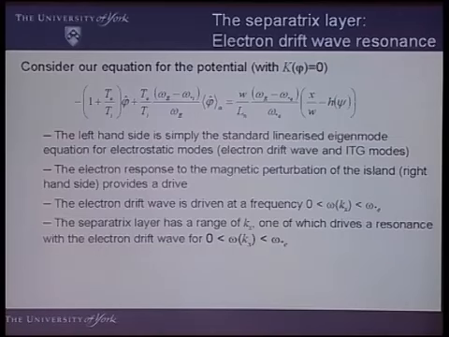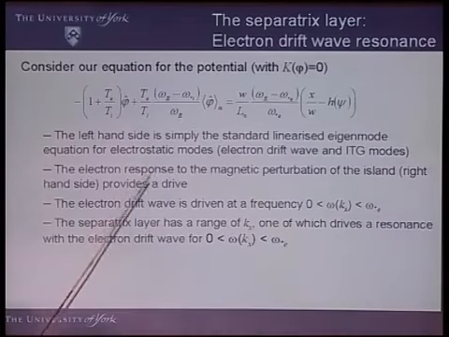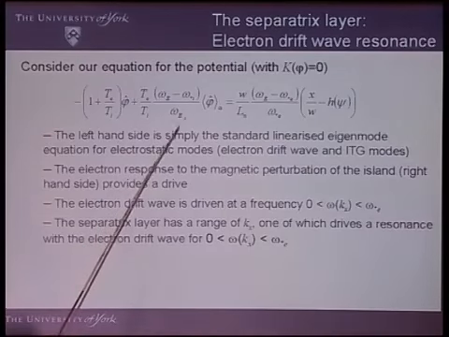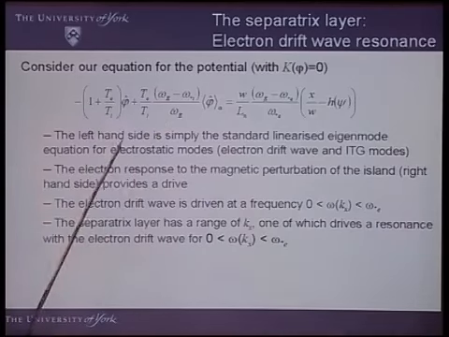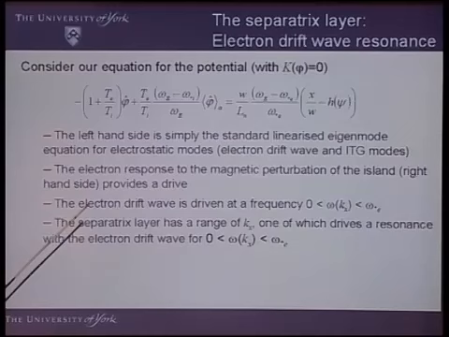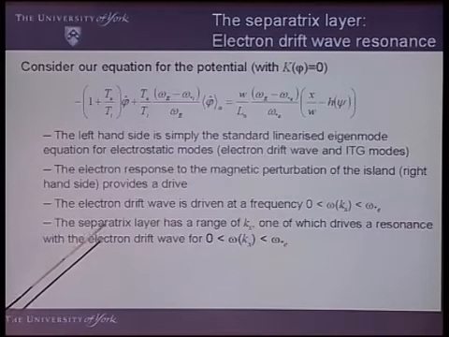So to see why you get that electron drift wave resonance, let's remember where our equation came from. So again, I've gone back to full FLR, because now I know I can't do the rho s d by dx expansion of it. So we've got full FLR. If you remember, this was basically an adiabatic response from the electrons and a full linearized response from the ions.